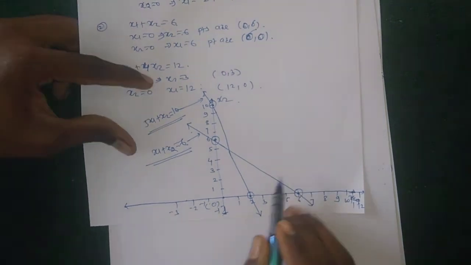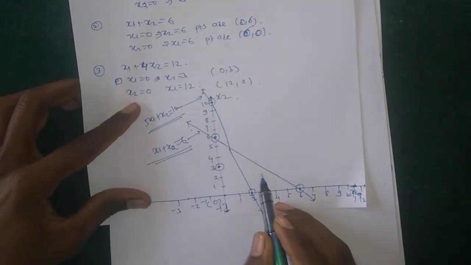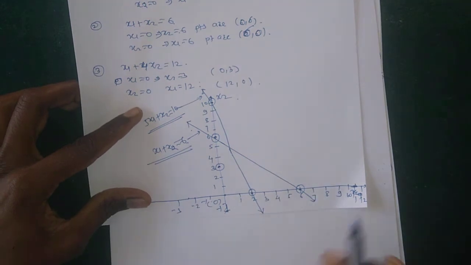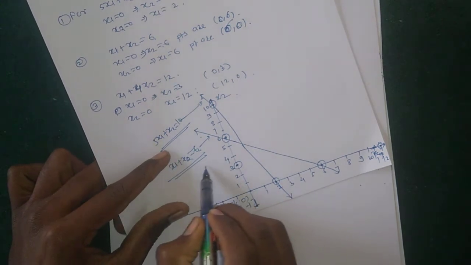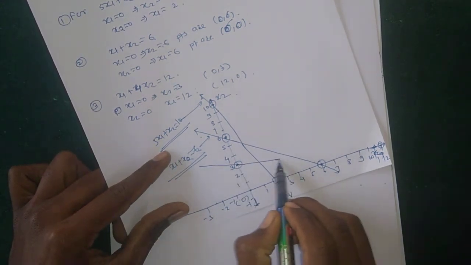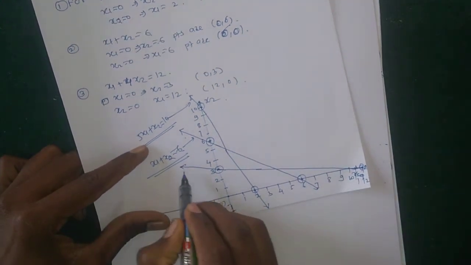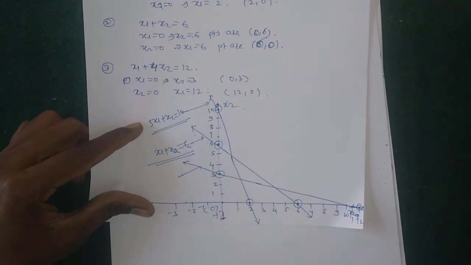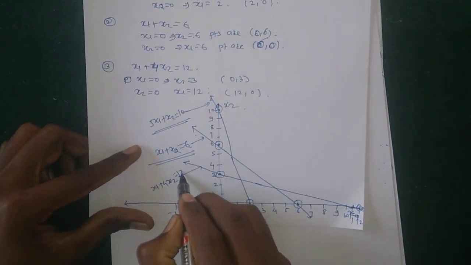Their points are (0, 3) and (12, 0). So join these 2 points. This is the line x1 plus 4x2 equal to 12.